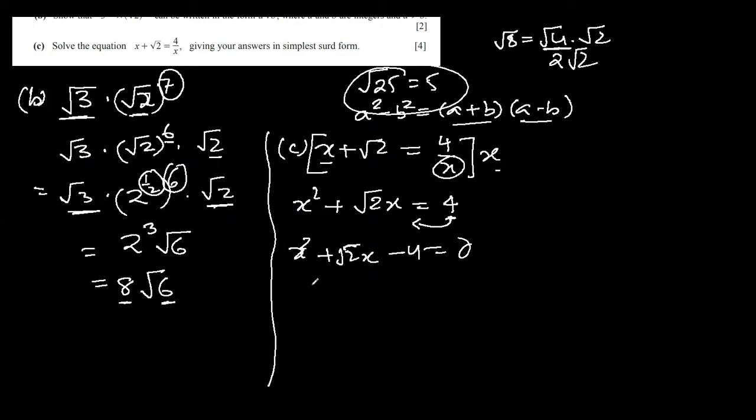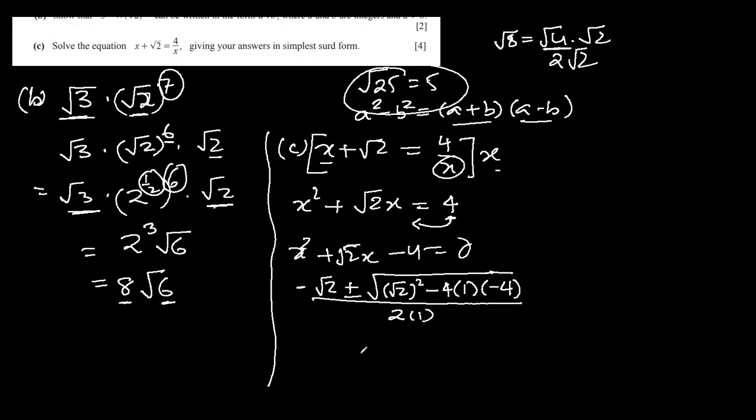I think the quadratic formula is the best. So minus b plus minus square root b squared minus 4ac over 2a. So minus square root 2 plus minus square root, this is square root and square root gets cancelled, so 2. 4 times 4 is 16 and positive because there are two negatives, over just 2.